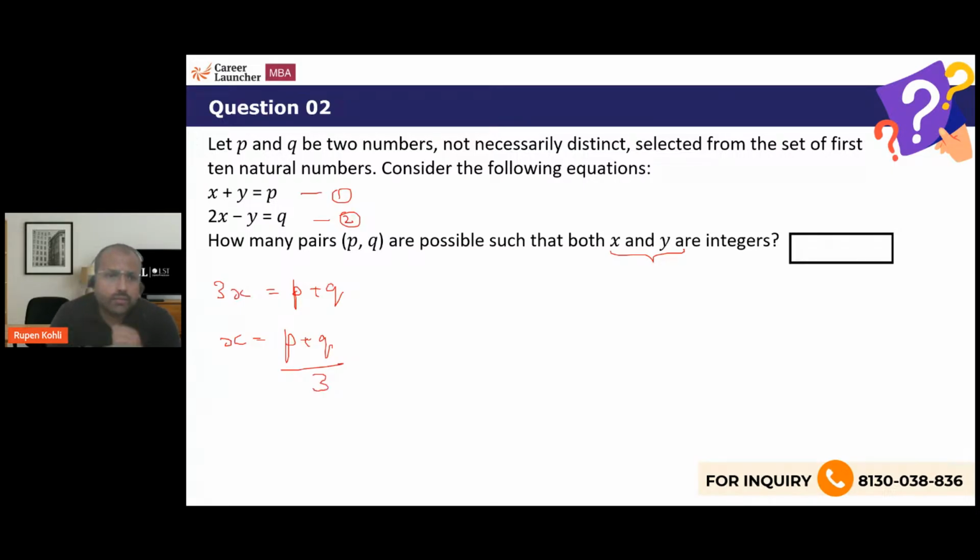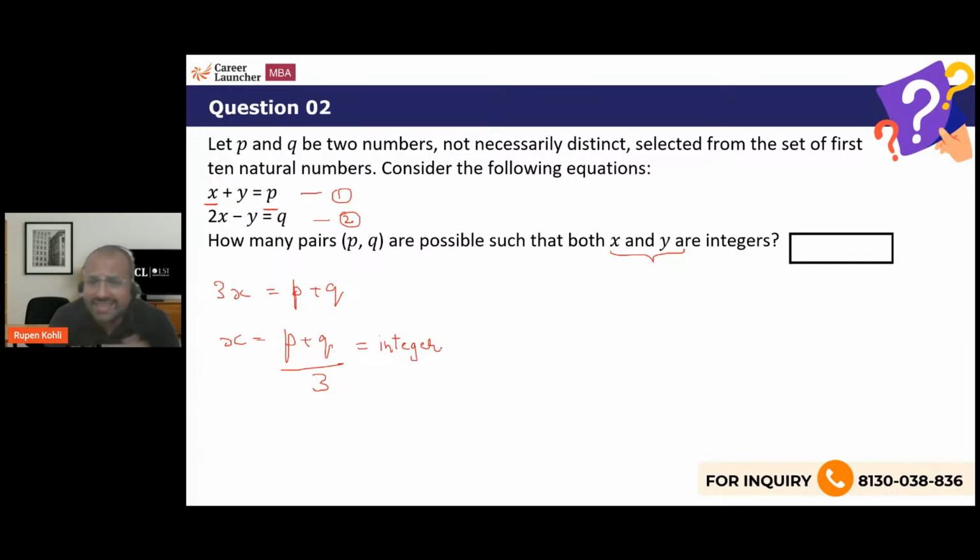Now look at the equation x plus y is P. P is a natural number. If we can make x also an integer, y would automatically be an integer. So we only need to work on x, can I say, right? Which is (P plus Q) by 3. So it is our motive to make this an integer and then our condition is satisfied.